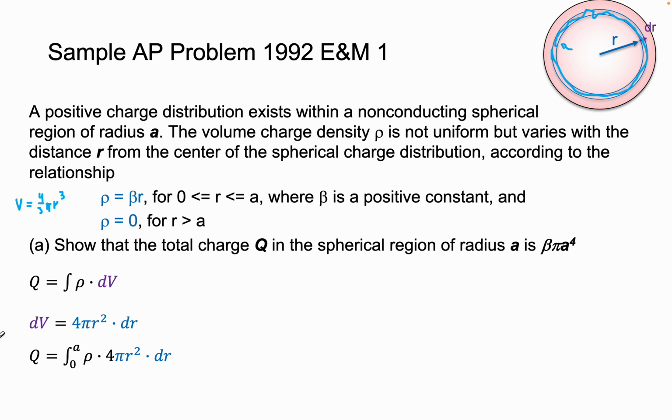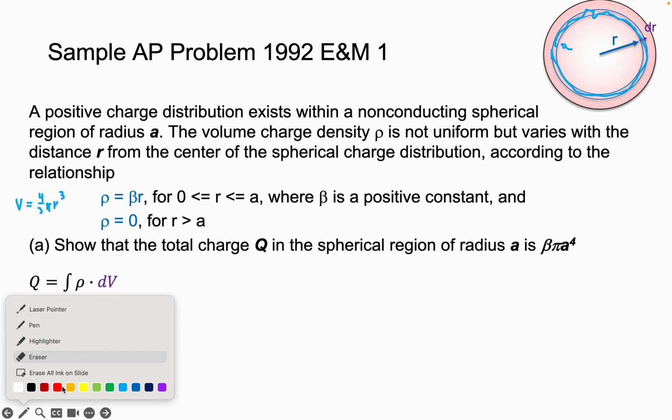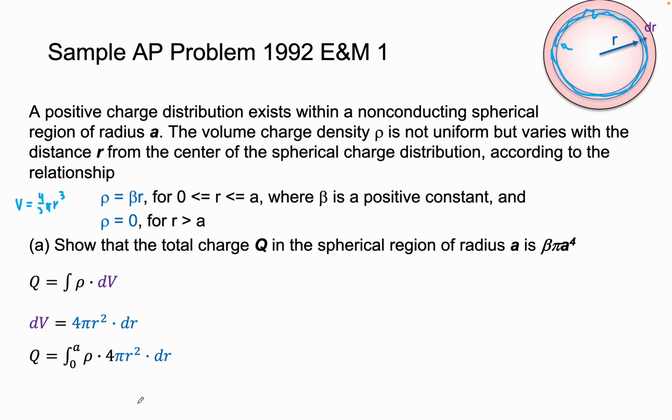Plugging that in, we can now solve this. We just have to integrate from the center all the way to the outside of rho times dV. In this case, dV is given by that expression. And if we solve this all the way through, we get this. Substituting in beta r for rho, which is up here, we'd get that. Multiplying around there, we get that.